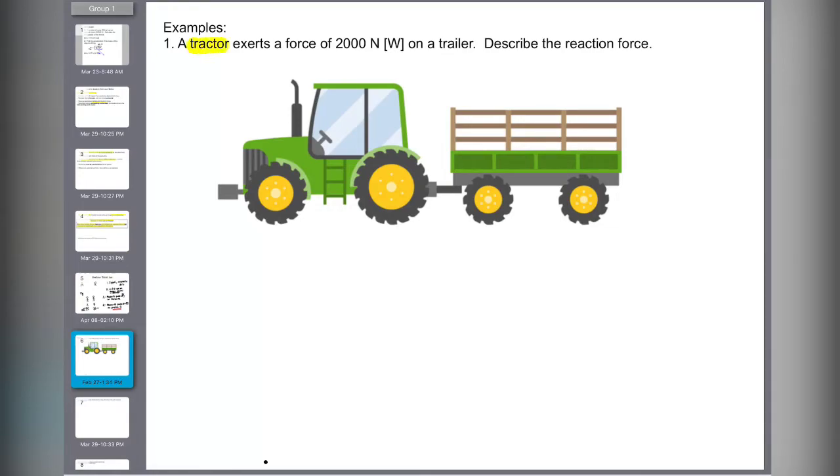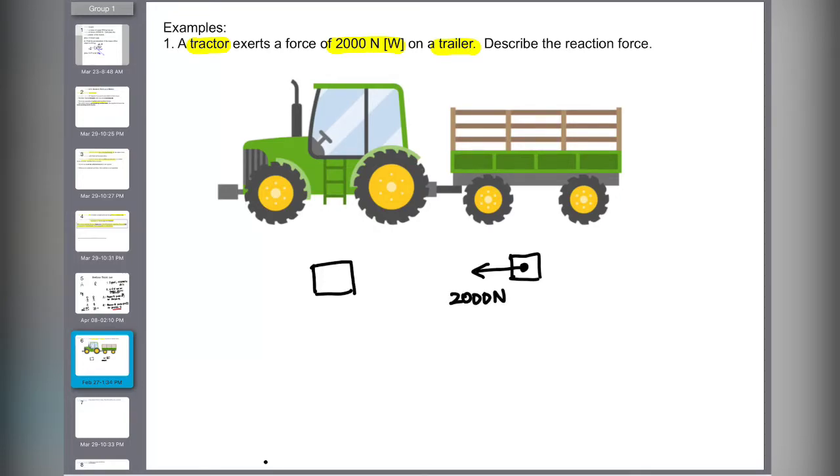In this example, a tractor exerts a force of 2,000 newtons west on the trailer. To understand it, it's good to draw a free body diagram for each of them, one for the tractor and one for the trailer. The tractor exerts 2,000 newtons west on the trailer. Does it make sense that the trailer is feeling the force going 2,000 newtons west?